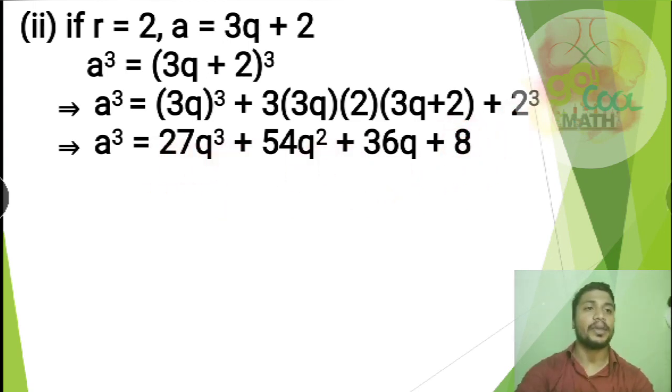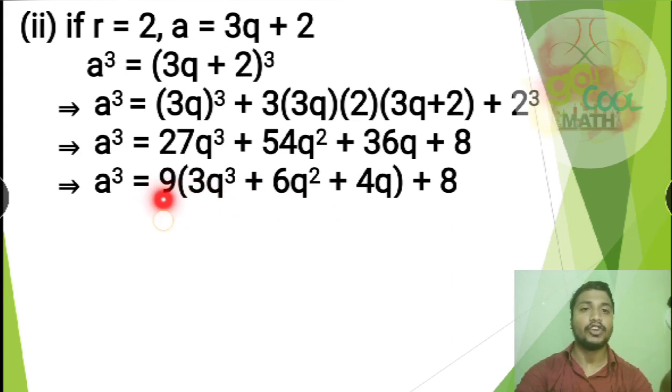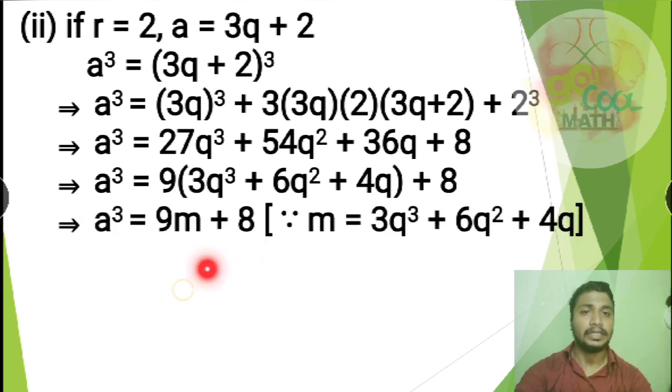So take 9 common here. If you take 9 common, 9 3s are 27, 3q square, 9 6s are 54, 6q square, 9 4s are 36, 4q. Therefore, consider this bracket part as m.